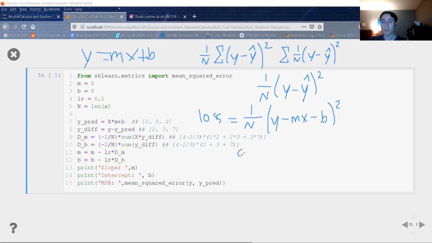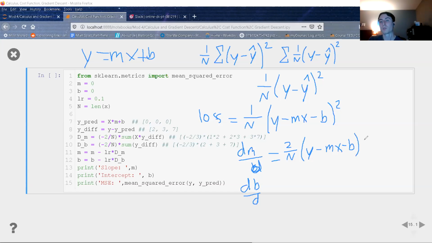We need to take the derivative with respect to m and the derivative with respect to b. First, with respect to m, we have to use the chain rule because we have an inner part and an outer part. So we'll move the 2 over here and we get 2 over n, and then it's going to be times this inside part.